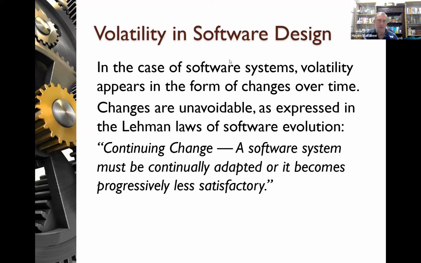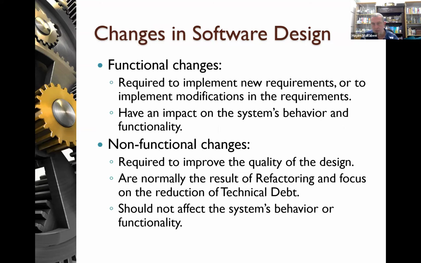So if you want the software system to be useful, we must always adapt it to the changes that happen over time. In our case, it is the changes in requirements, and there are two kinds of changes in general in a software system. There are functional changes and there are non-functional changes.